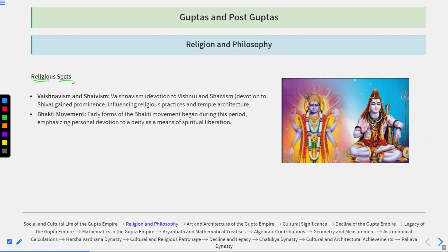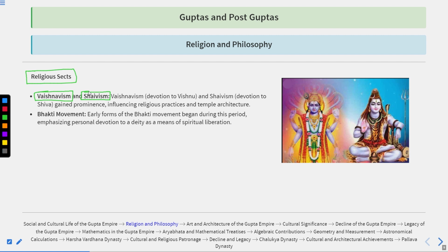Thereafter, if we talk about the religious sects, during this time Hinduism also saw the rise of religious sects, the first being Vaishnavism and Shaivism. These were among the major religious sects that originated during the Gupta time and have lasted even today.